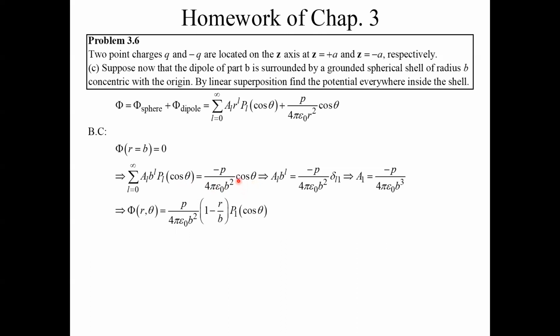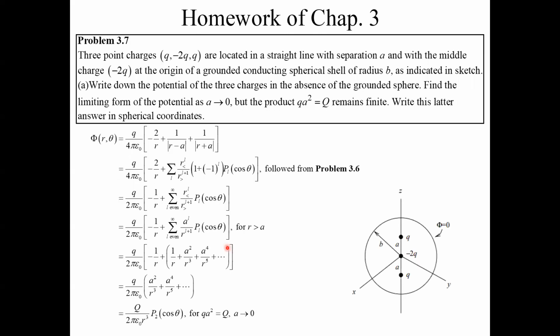Because only the P1 term survives, only the coefficient A1 survives. Finally, after our boundary condition matching, we get the answer here. After adding the grounded spherical shell, we have the new potential here. And this is for part C.